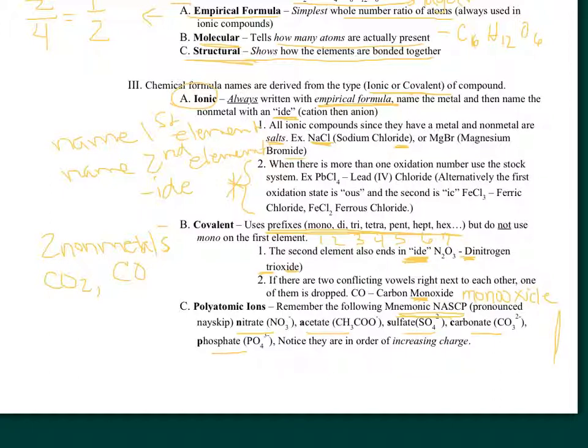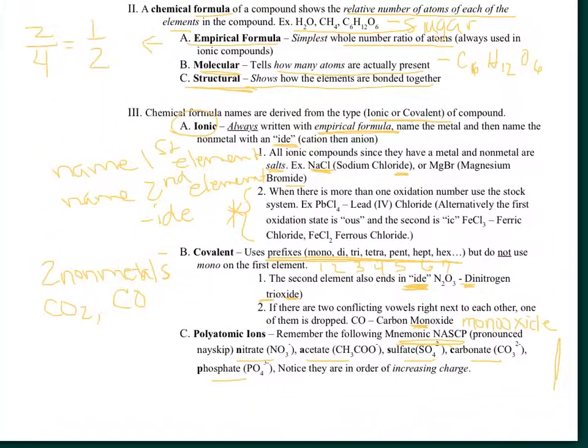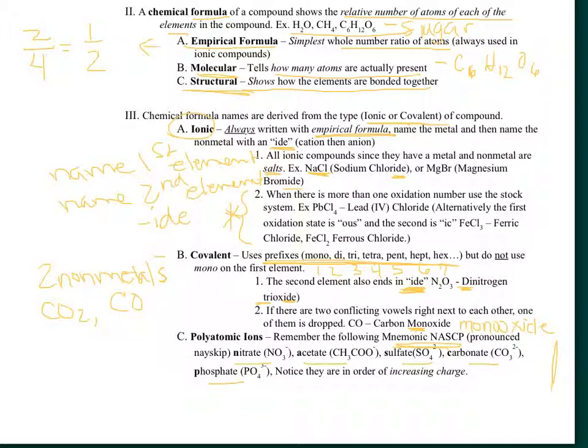Looks like that's it. Let's go back to rule number 2 on the ionic compounds. When there's more than one oxidation number, use the stock system. You put a Roman numeral to indicate the charge.